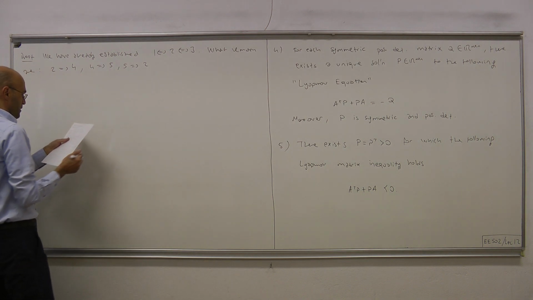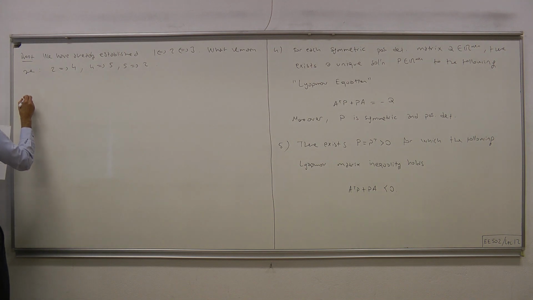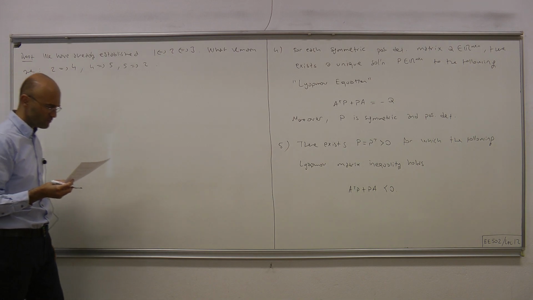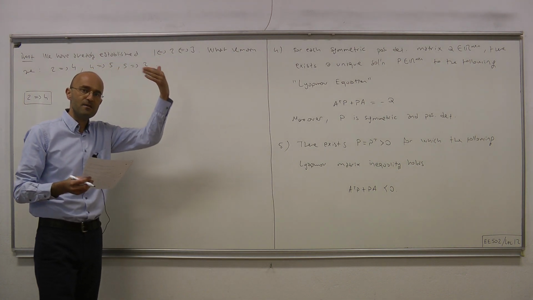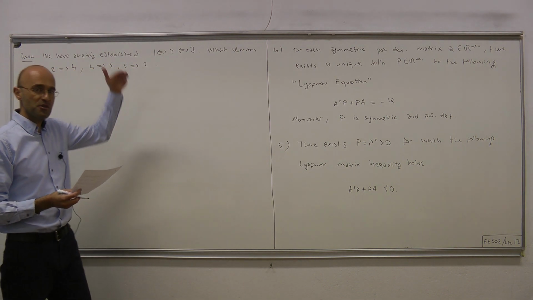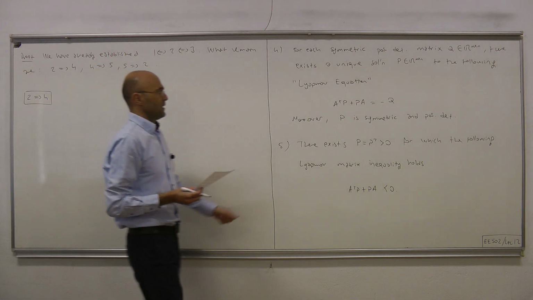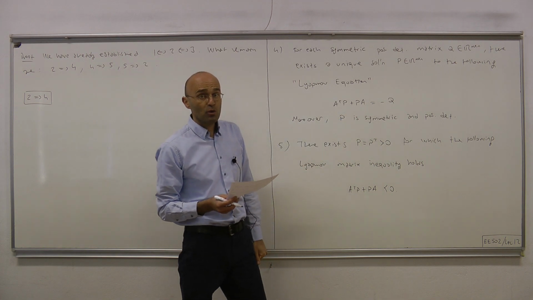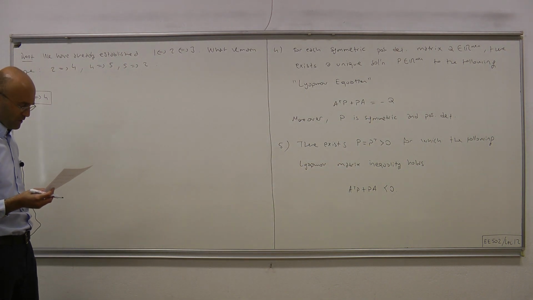Okay, so let's begin with the first implication, 2 implies 4. Our starting point is that the system is exponentially stable, or e to the At, the state transition matrix, is decaying exponentially, and from that we will try to show that this equation has a solution for any given Q, a symmetric positive definite matrix.